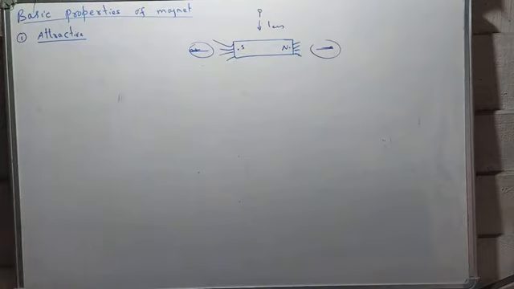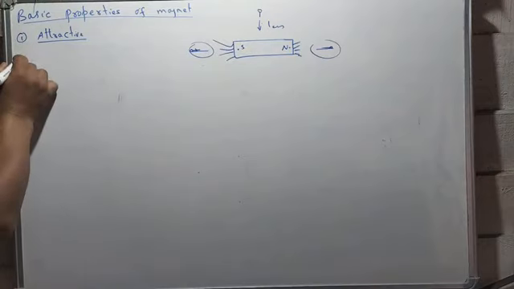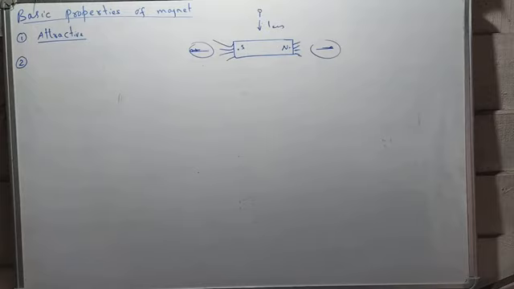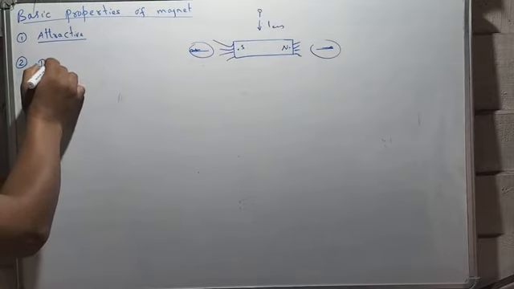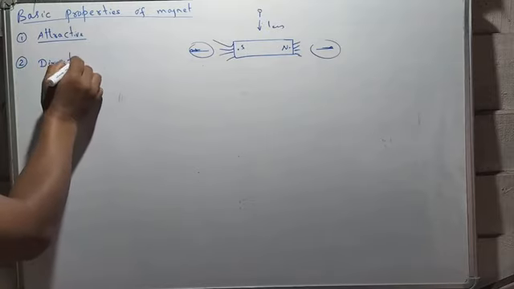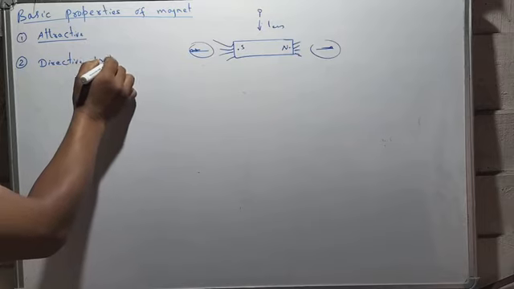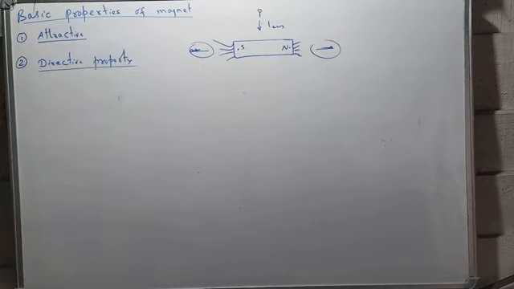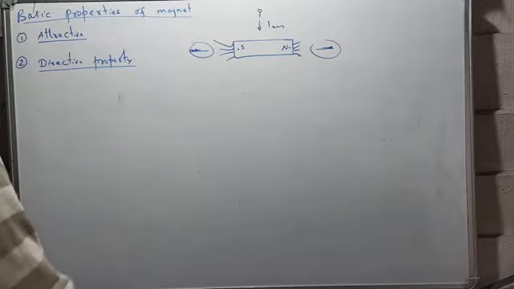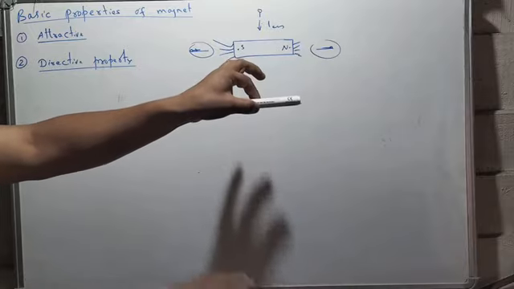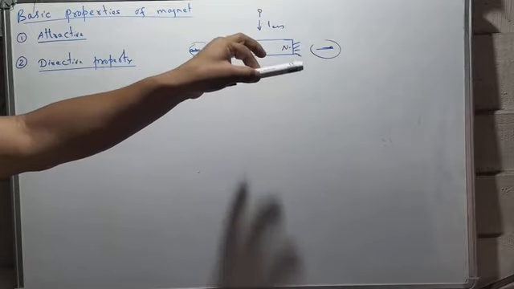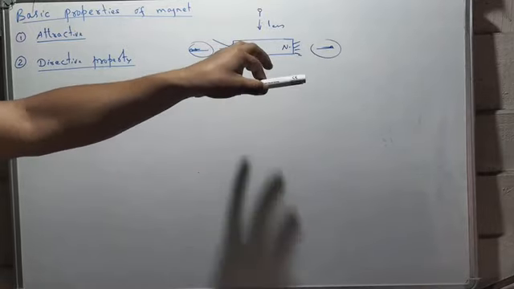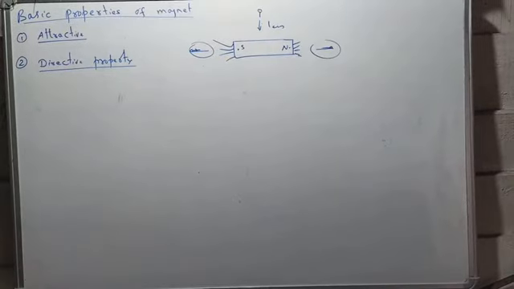The second property of a magnet is the directive property. A freely suspended magnet, like this bar magnet: if I suspend it freely on the surface of the earth, what will happen?